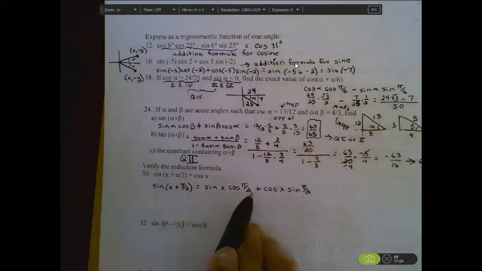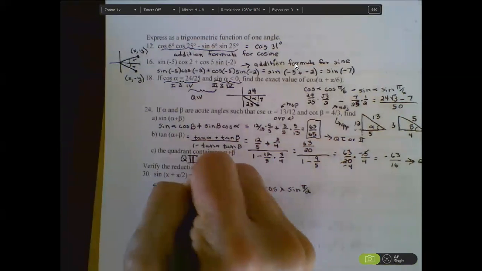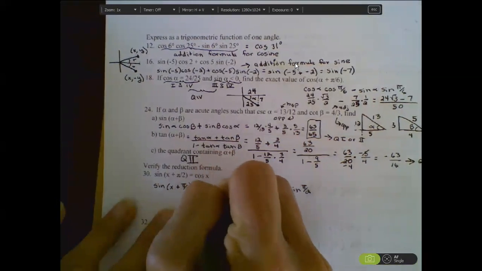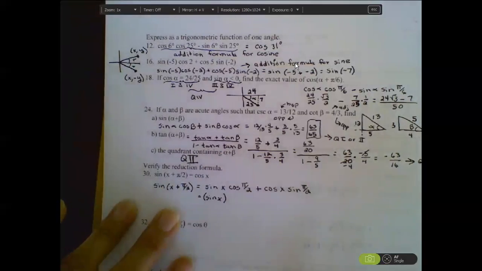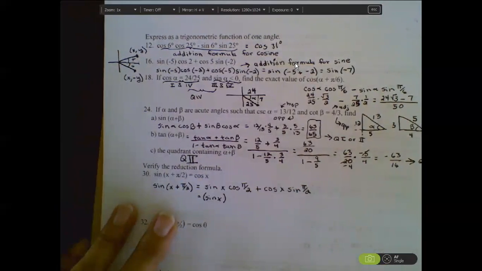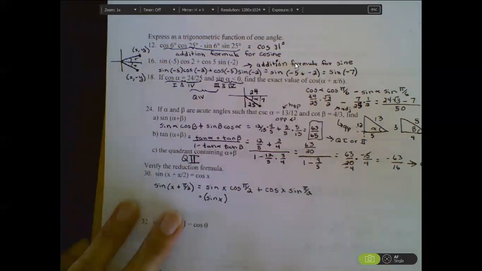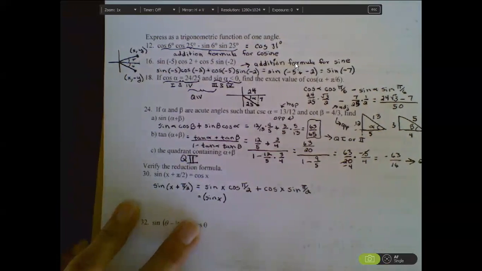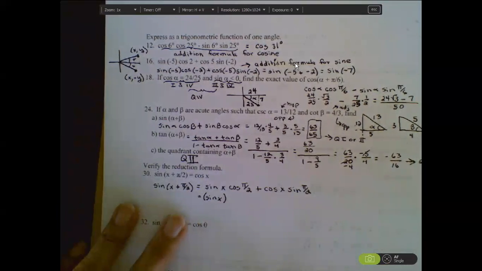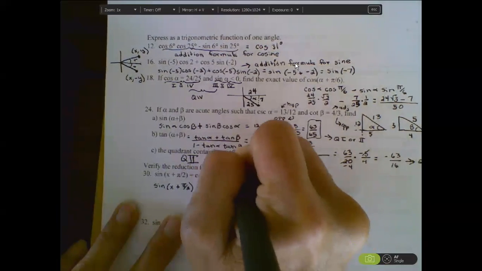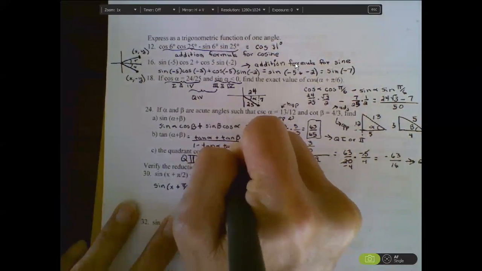What's cosine of pi over 2? The x coordinate at pi over 2 radians. Pi over 2 is right there.